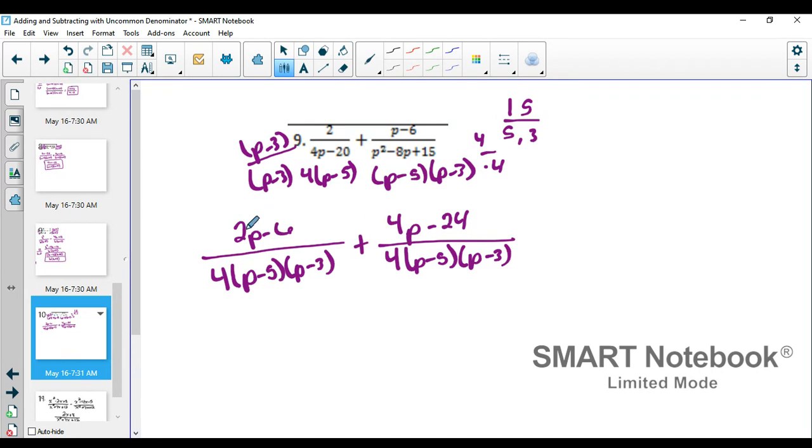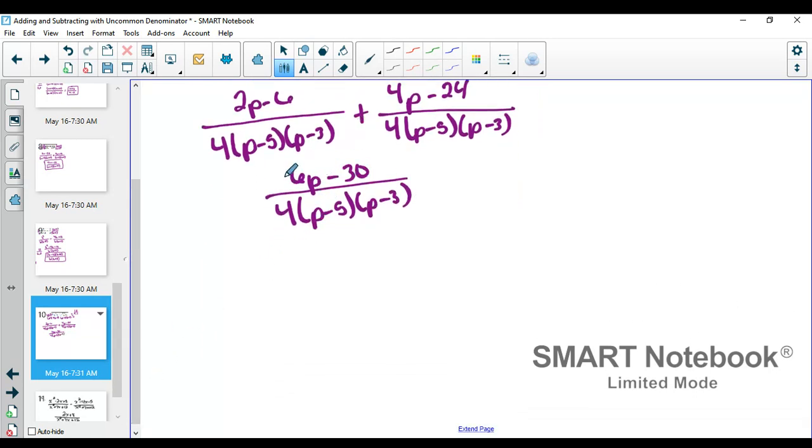Now add what you can. So 2p plus 4p is 6p, and negative 6 plus negative 24 is negative 30, all over 4 times p minus 5 times p minus 3.